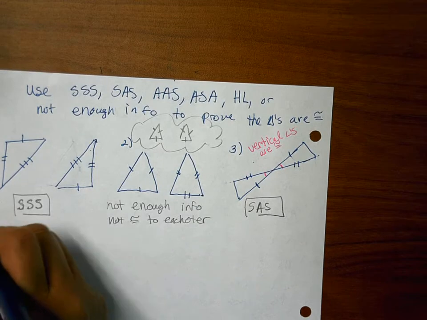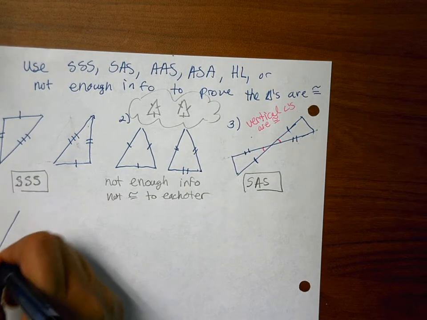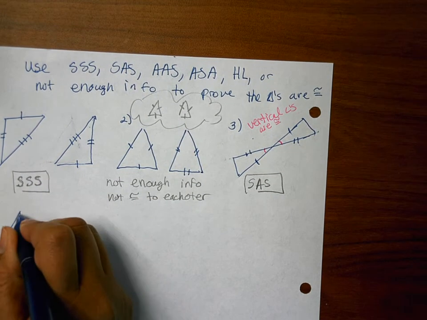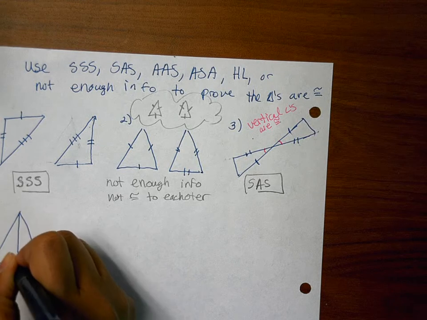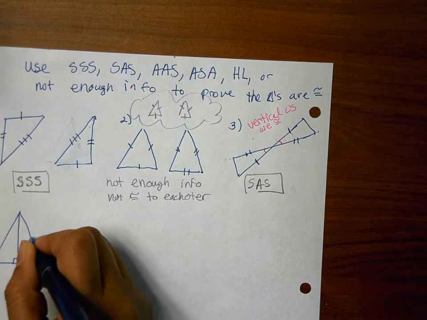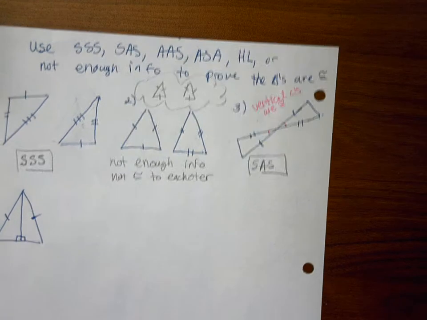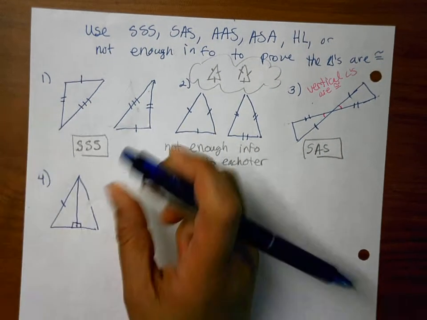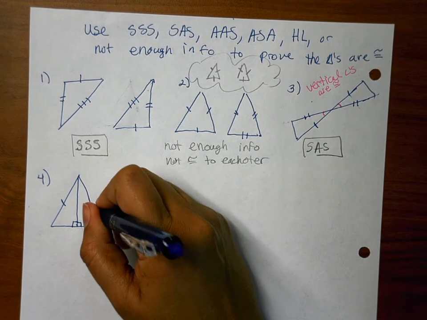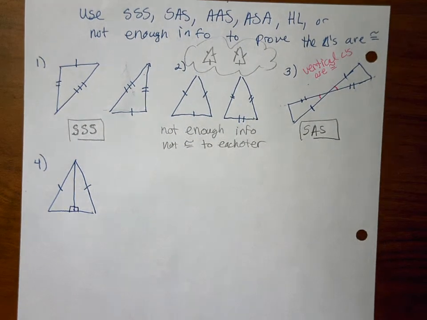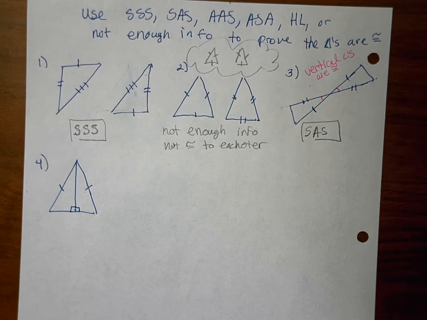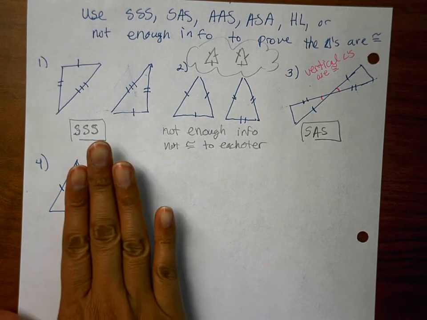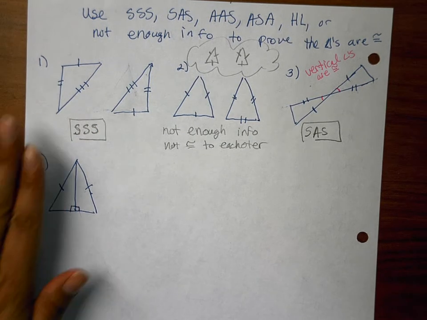Okay, number 4. There's one big triangle, but can you see that there's 2 little ones in there?